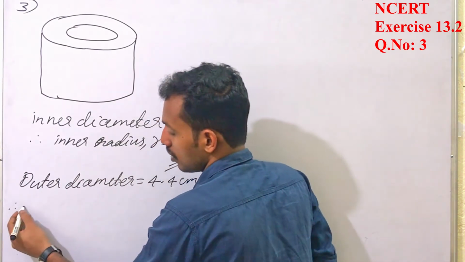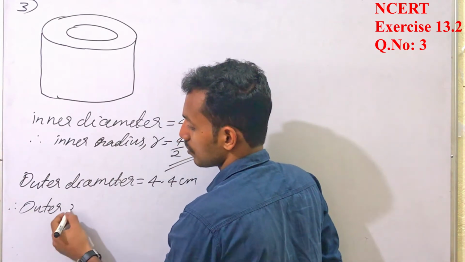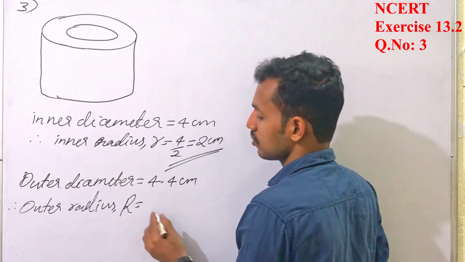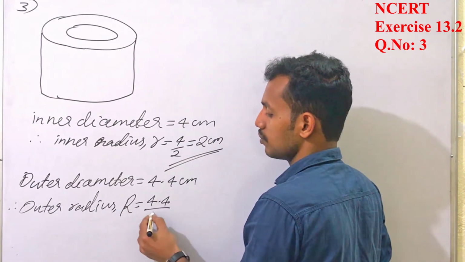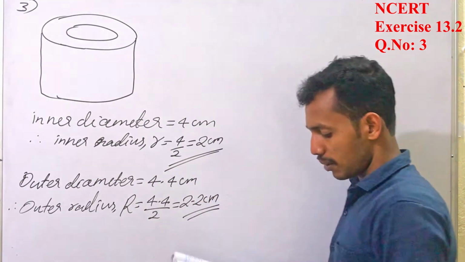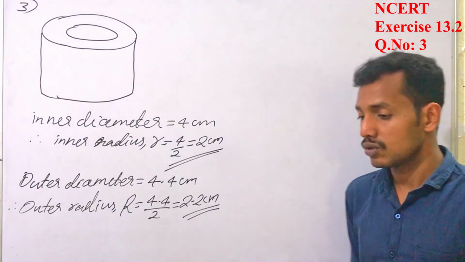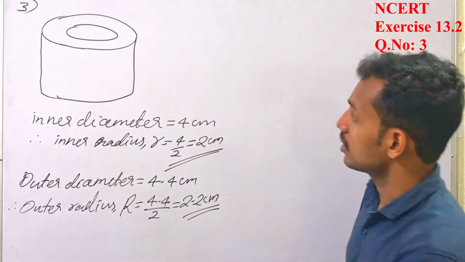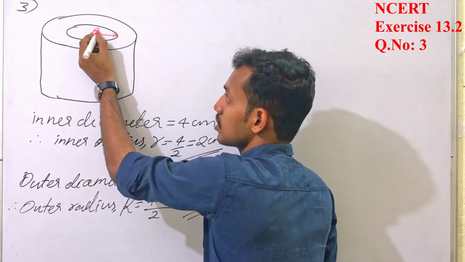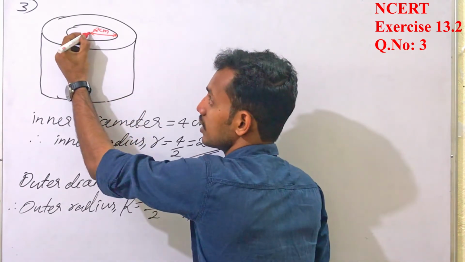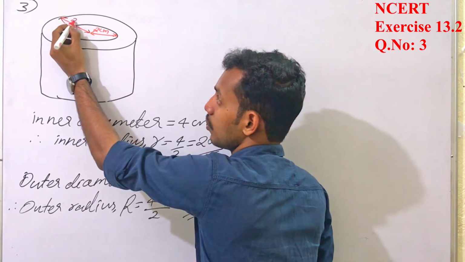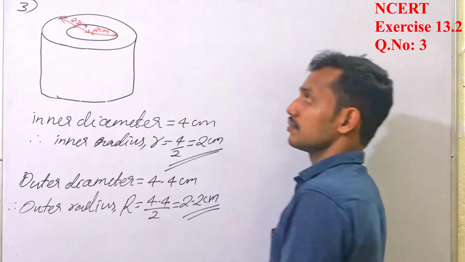Therefore, outer radius capital R is equal to 4.4 divided by 2, which is equal to 2.2 centimeter. Clear? So the inner radius is this, that is 2 centimeter, and outer radius will be this, that is 2.2 centimeter.